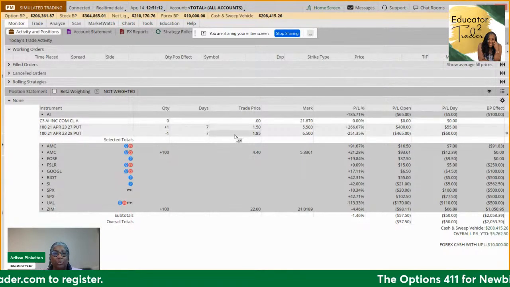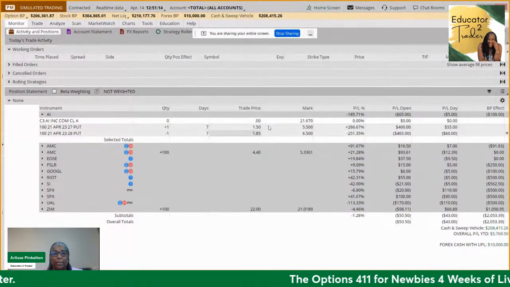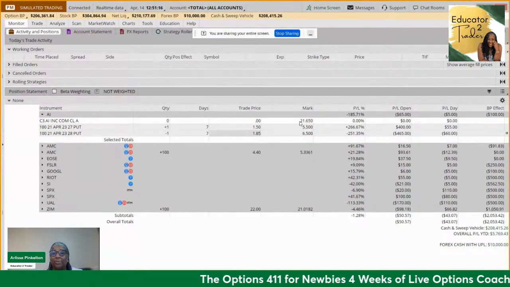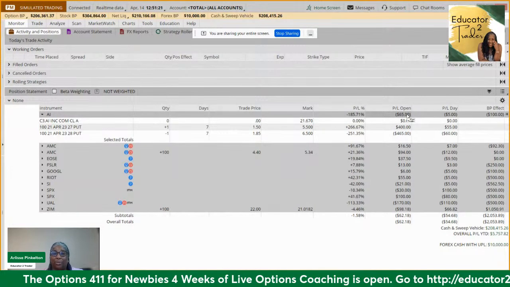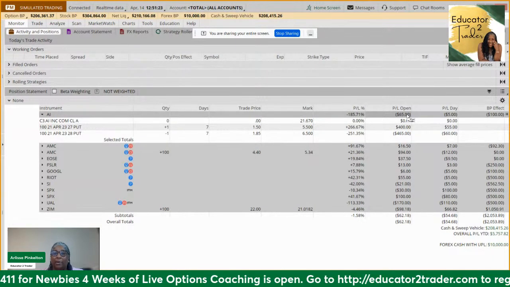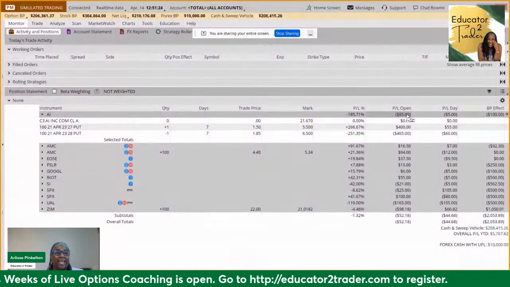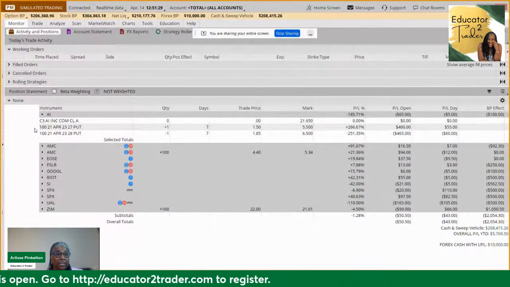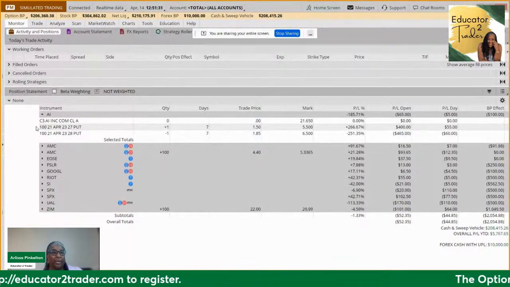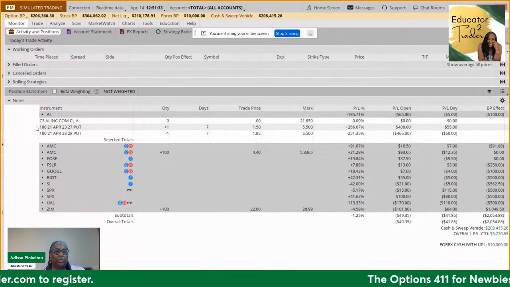When we entered this trade, we took in $35, and now it's $65. Basically, because it's completely breached, there's no saving it per se. It's at max loss.